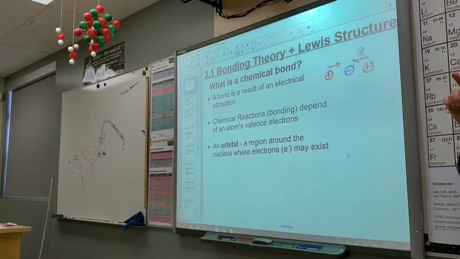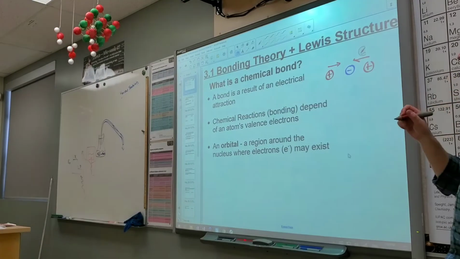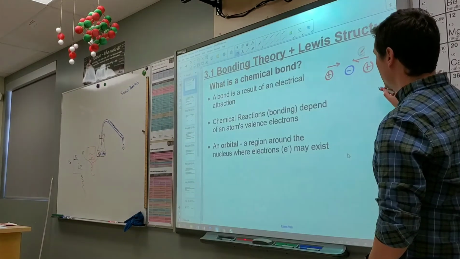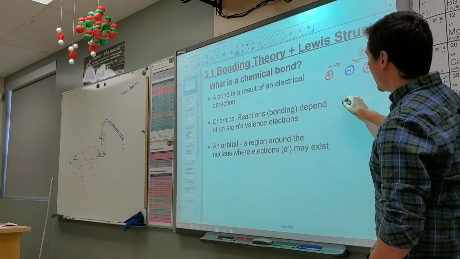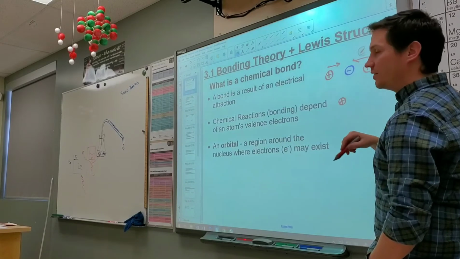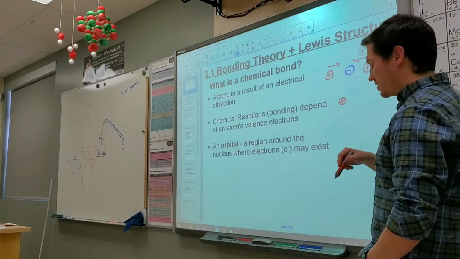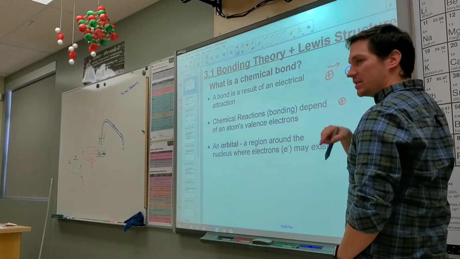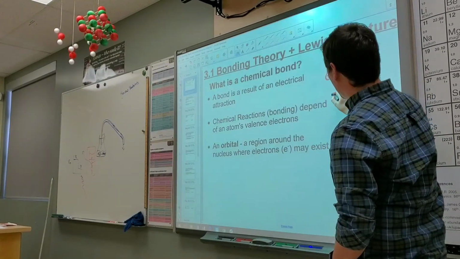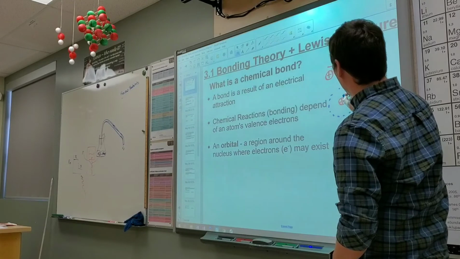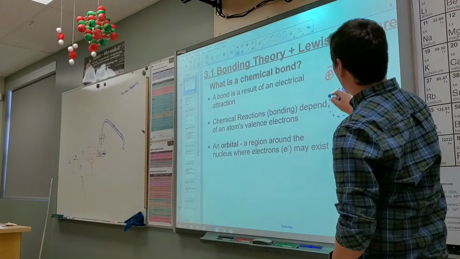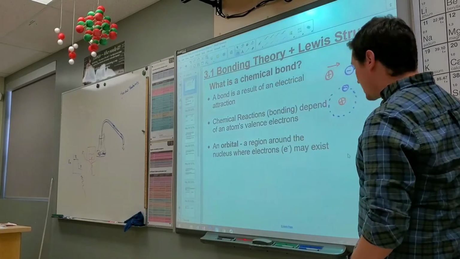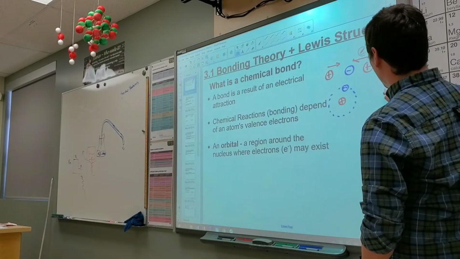I'm going to draw a hydrogen atom, and this goes back to what we were learning about in our acids and bases. A single hydrogen atom has a positive in the center. Its nucleus is positive. And what does it have orbiting its nucleus? A single electron, right? And then let's add another hydrogen in here.